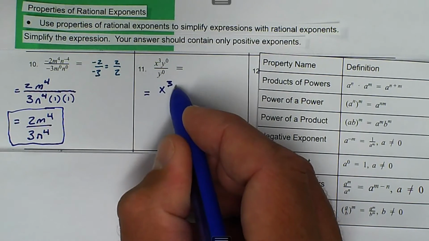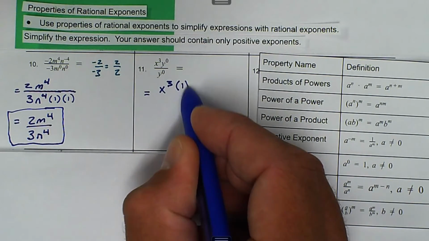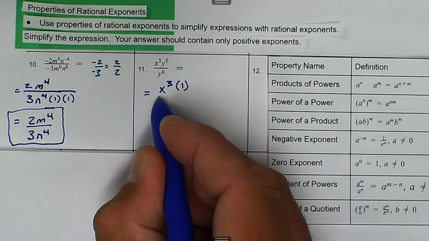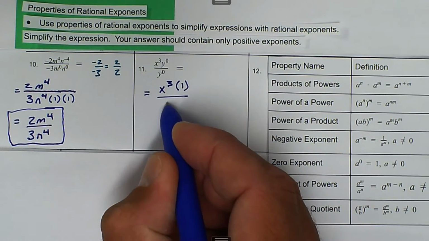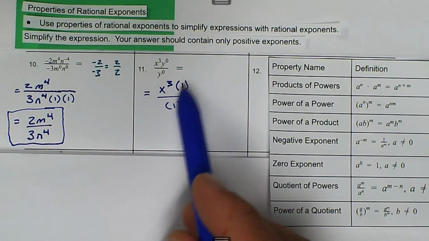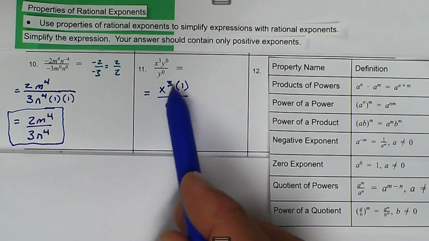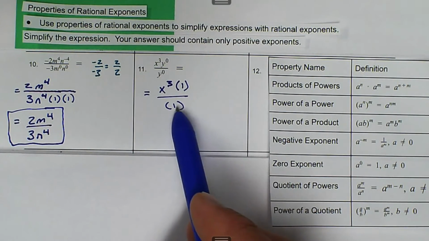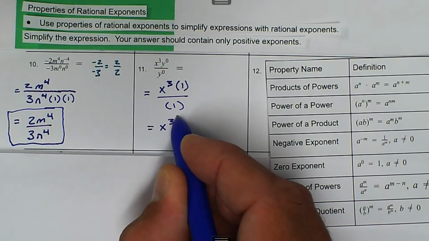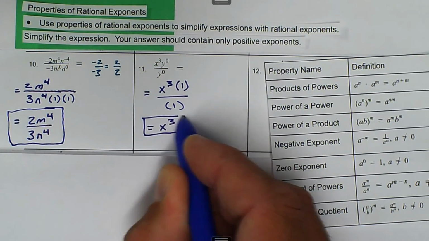And then y to the 0 is just 1. That's the 0 exponent. And y to the 0 is just 1. That's the 0 exponent again. And x to the 3rd times 1 is x to the 3rd. X to the 3rd divided by 1 is still x to the 3rd. So we get x to the 3rd is the answer.